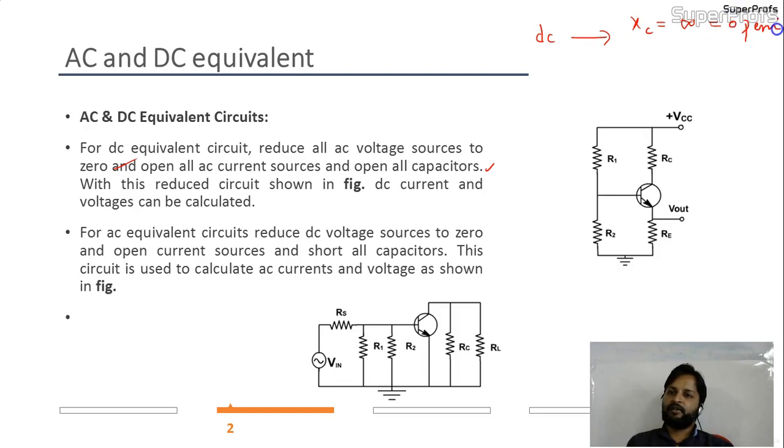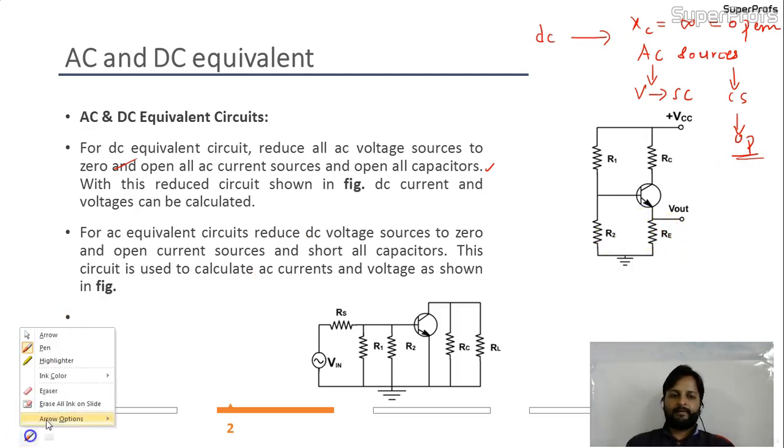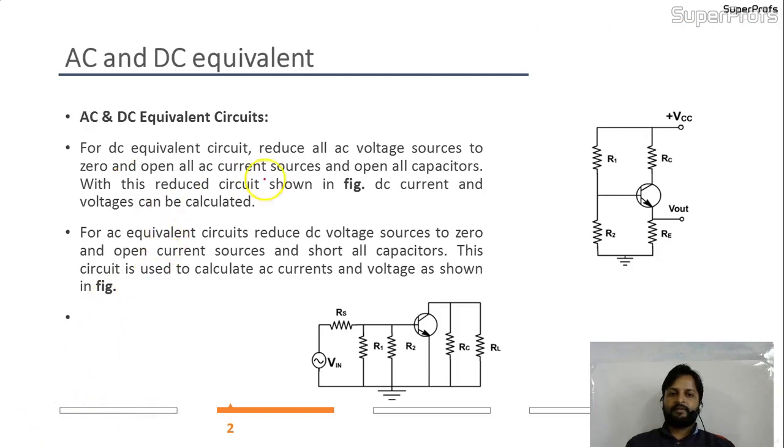So we'll remove all capacitors, we'll remove all AC sources. If AC source is voltage source, we'll make it short. If AC source is current source, we'll make it open. You know it very well because we studied in circuit theory.